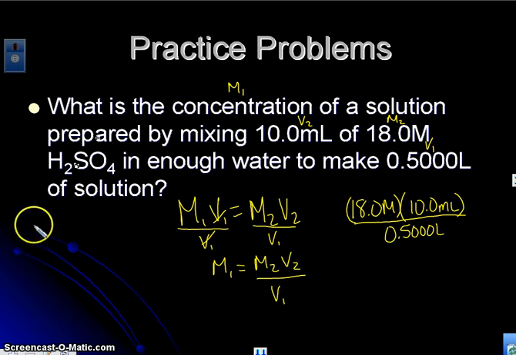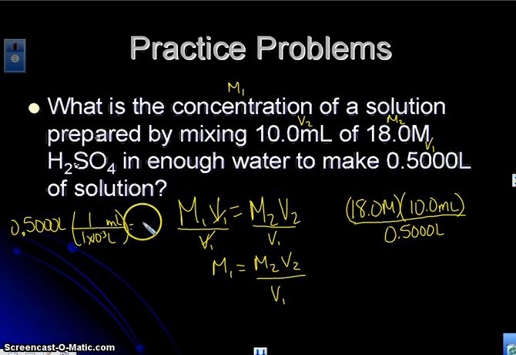Let's convert our volume on the bottom, the 0.500 liters, to milliliters. We want liters on the bottom, milliliters on the top. Remember that our scientific notation goes with our base unit, the one without the prefix, so it goes on the bottom. That gives us 500.0 milliliters. Now we can substitute.